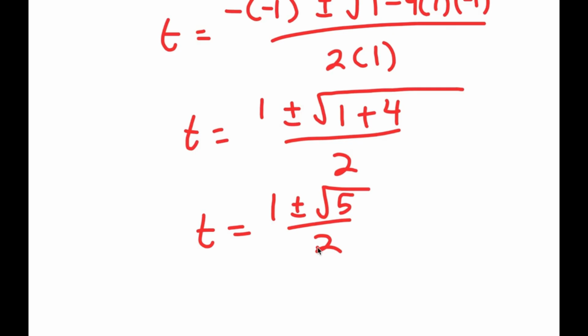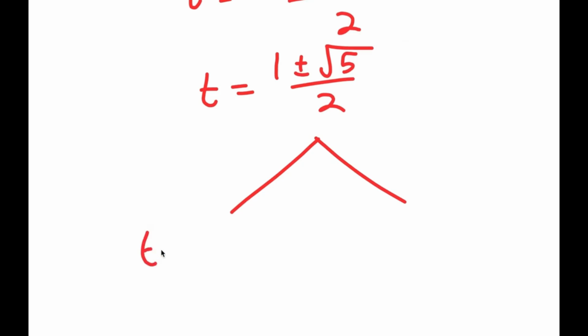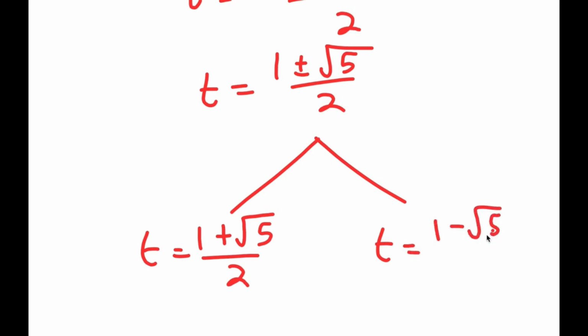And this gives me two solutions. t is equal to 1 plus the square root of 5 over 2, and t is equal to 1 minus the square root of 5 over 2.